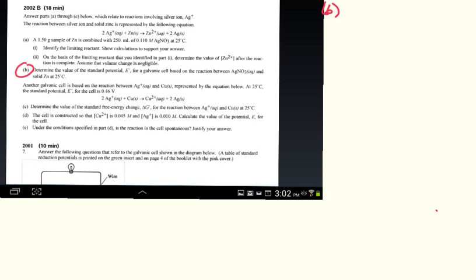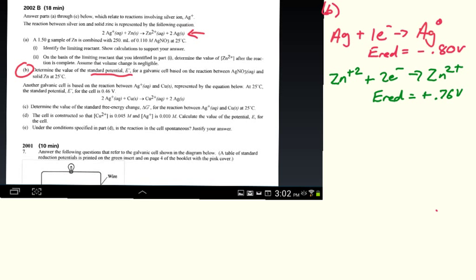In B, they want us to find the standard cell potential for the galvanic cell of this reaction up here, and in the year they did this, they did have a reduction potential table, so I'm going to write down the 2 reduction potentials that matter here. So here they are.